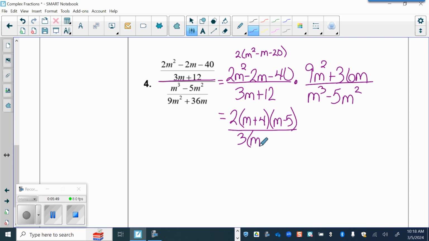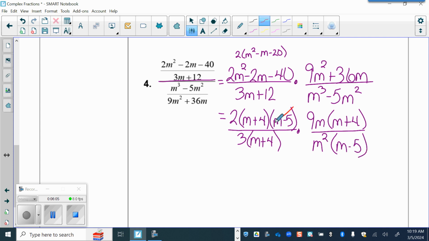3m plus 4, 9m, m plus 4, and m squared. My favorite step, m minus 5 is gone. M plus 4 is gone. M and 1 from the bottom.